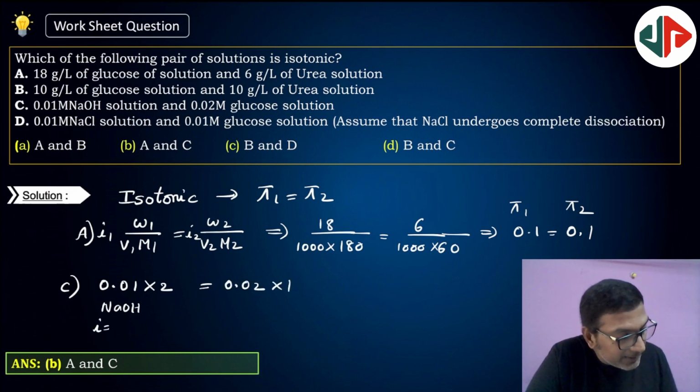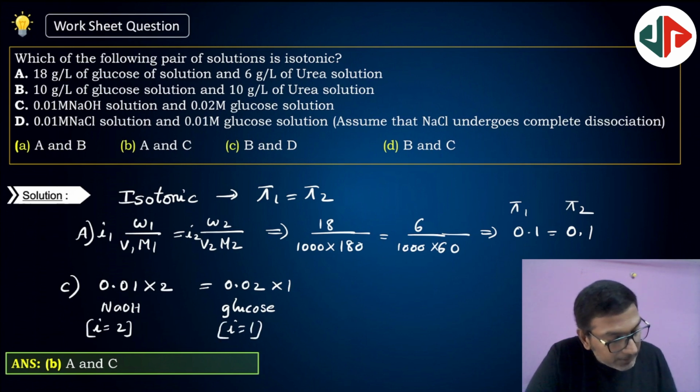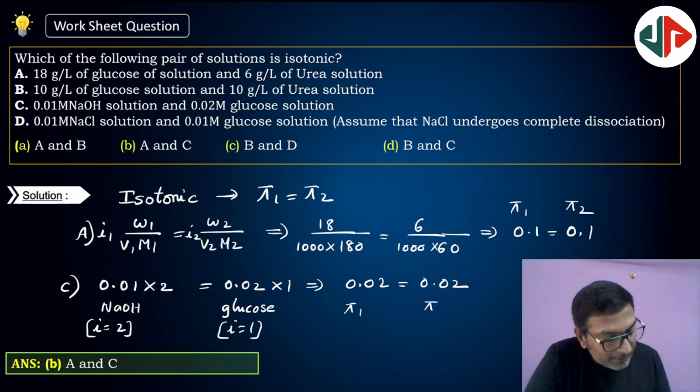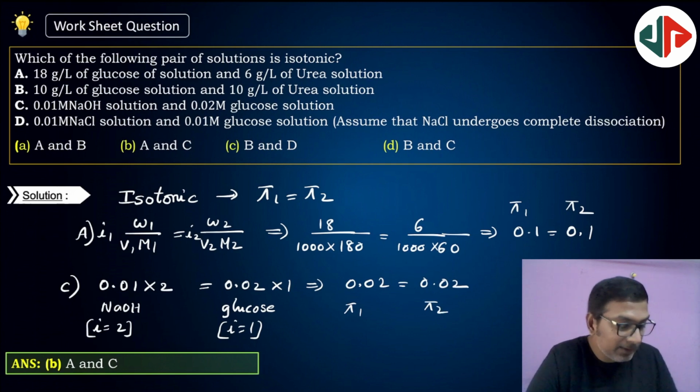So for NaOH the i value is 2, for glucose the i value is 1. Therefore 0.02 equal to again 0.02. This is pi 1 and pi 2, so both are the same. A and C have the same osmotic pressure.